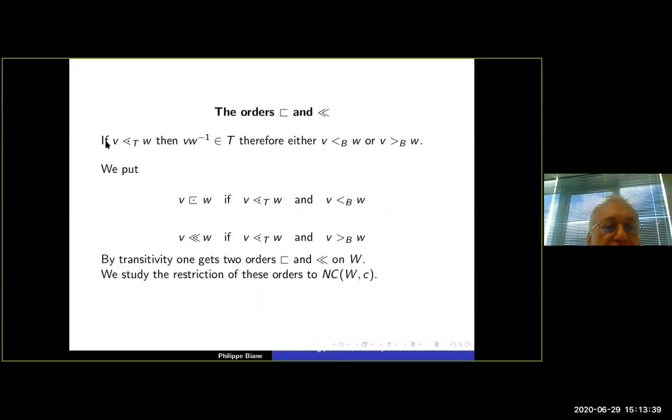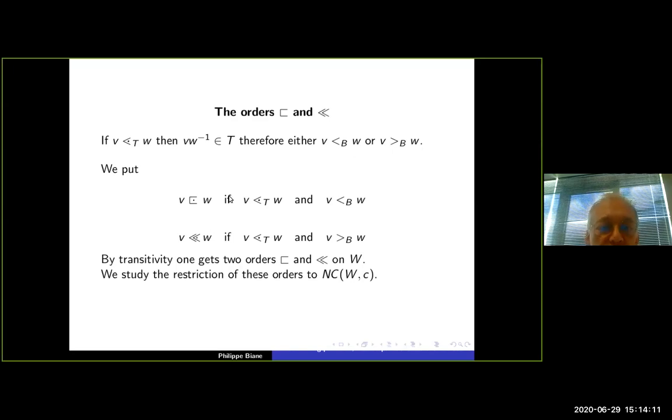So if V and W are in a cover relation, that is, V is smaller than W, and the difference, so VW minus 1, is a reflection. Then two things can happen. Either V is smaller than W with respect to the Bruhat order, or V is bigger than W with respect to the Bruhat order. The two things can happen, and actually the two things happen in general in Coxeter groups.